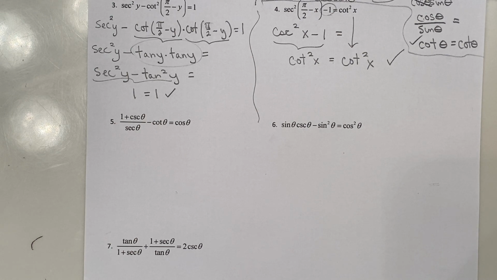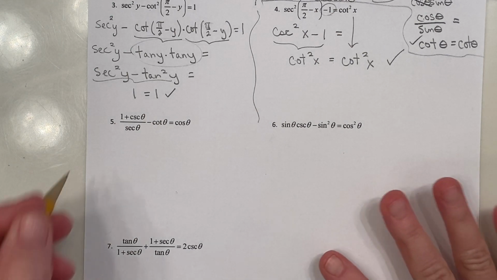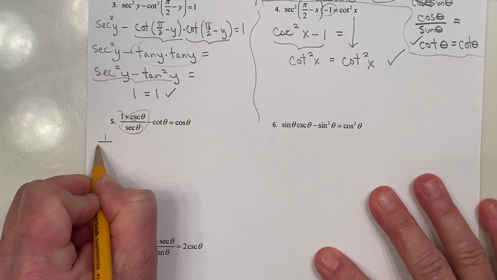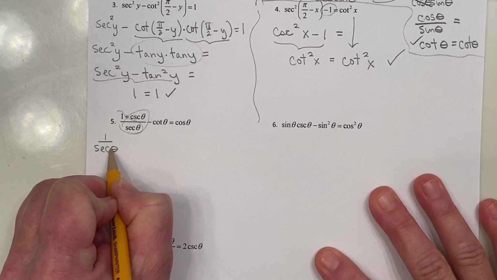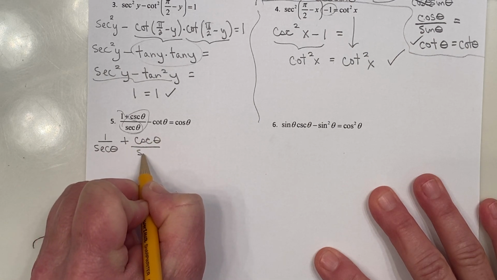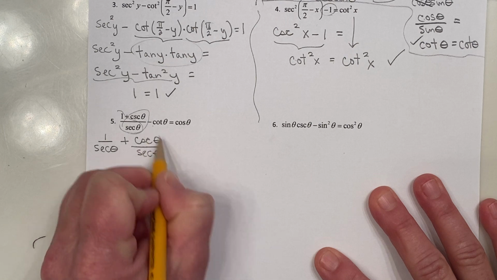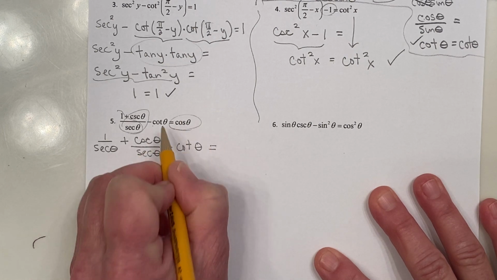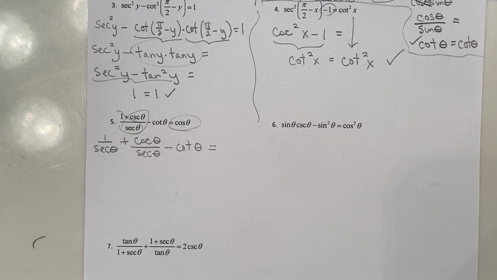I haven't done this problem that way. So I'm going to go ahead and share the love here. Let's see what happens. And then don't forget your minus cotangent of theta. So our target is cosine of theta. Let's see what happens.